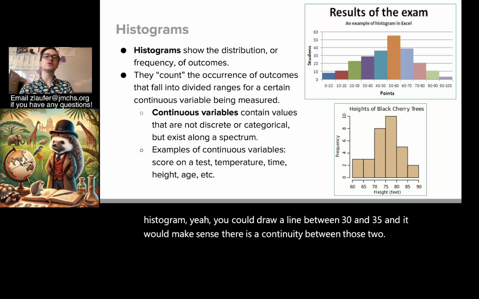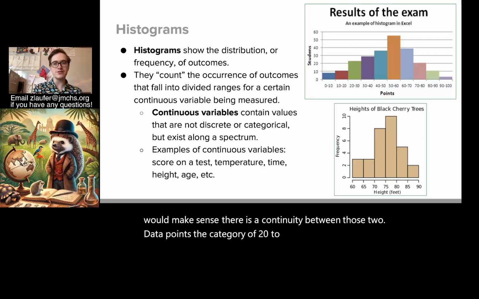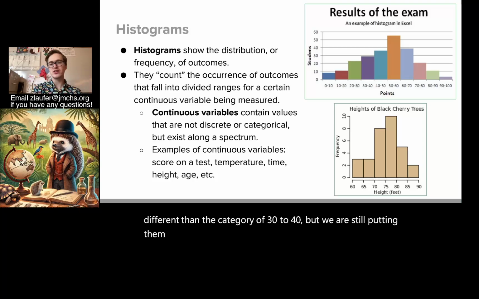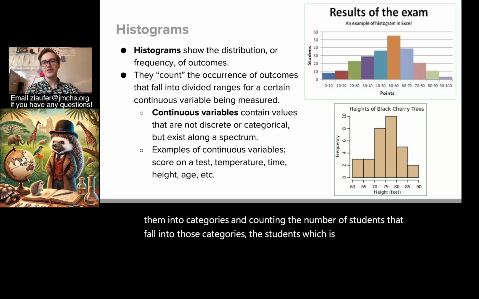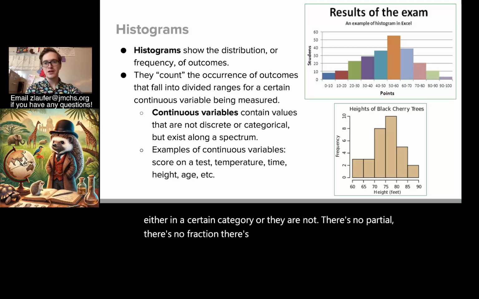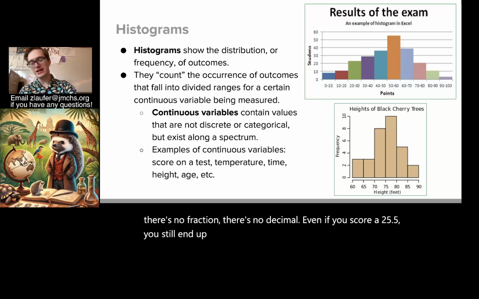The category of 20 to 30 is not fundamentally different than the category of 30 to 40, but we are still putting them into categories and counting the number of students that fall into those categories. The students, which is our y-axis, they're either in a certain category or they are not. There's no partial, there's no fraction, there's no decimal. Even if you score a 25.5, you still end up in the same category as 25.